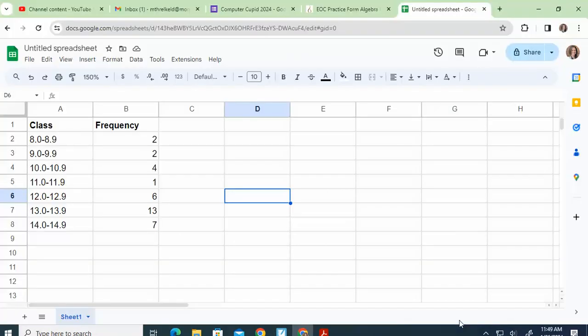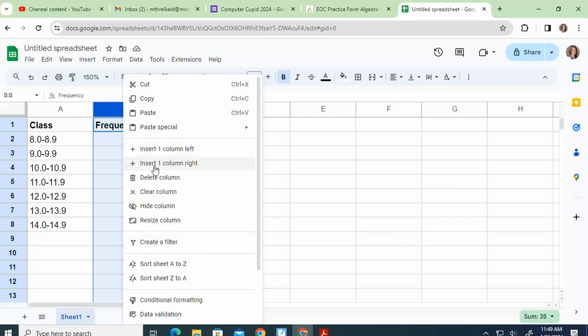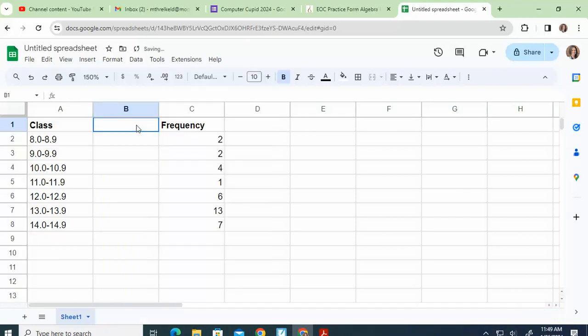We are going to use this as our data. If we wanted to make a frequency polygon, we would need to insert a column for the midpoint. And that'll be the point that we plot on the x-axis.